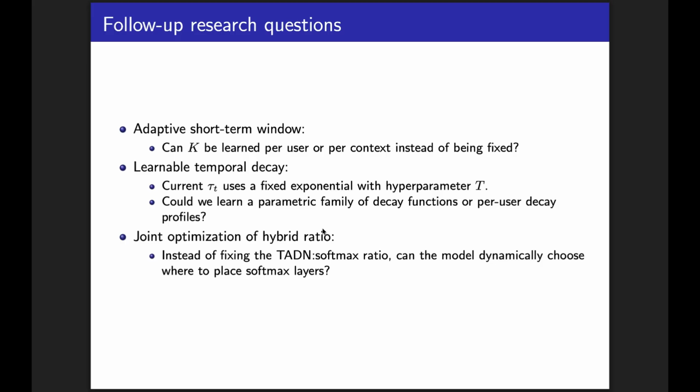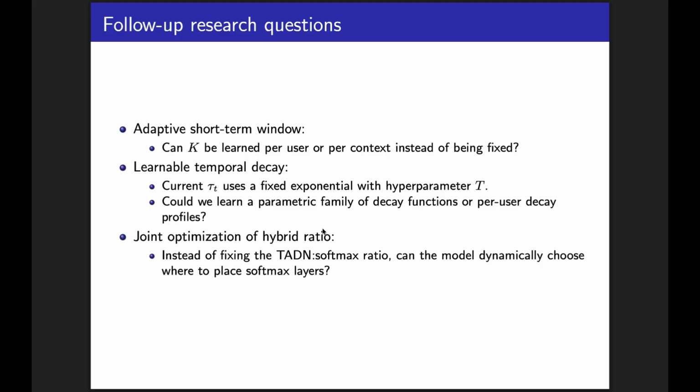The same is valid for the choice of the function to express the temporal information, tau. Does it have to be an exponential? Or can we learn a parametric family of decaying functions that is, for example, per user? And the same is true for the ratio between how many TADN blocks we should have versus softmax ones.